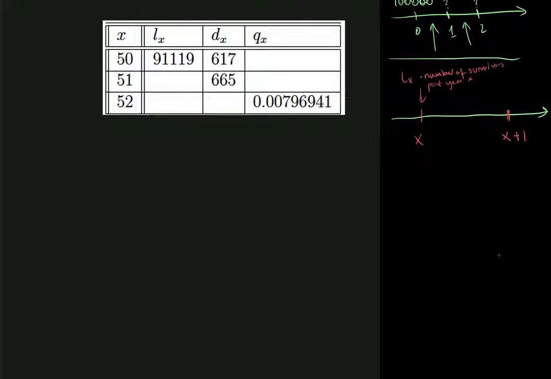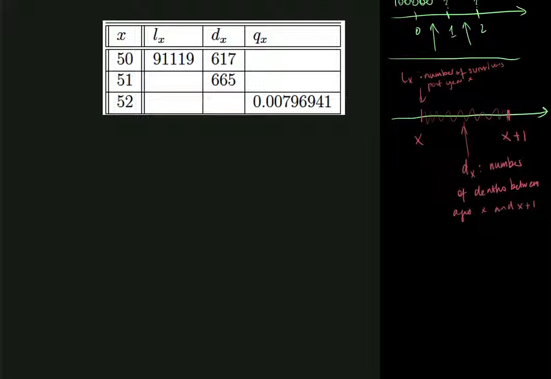So we need a letter to signify the number of deaths between the age x and age x plus 1. So we use the letter D for death. dx is number of deaths between ages x and x plus 1.